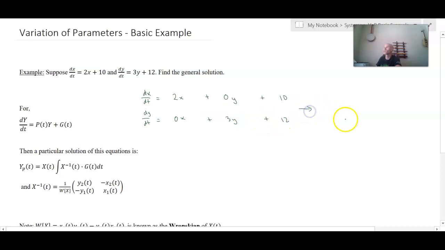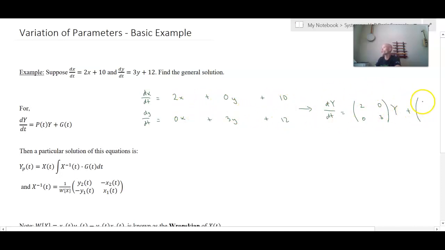And so this is going to convert into the system dy/dt equals. Now my P of t matrix, in this case, is the coefficients of x and y, and these are nice, neat constants, so this works out nicely. And then we'll have the y vector, which just contains our two variables x and y, and then plus our g of t.